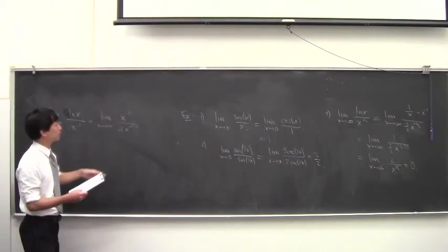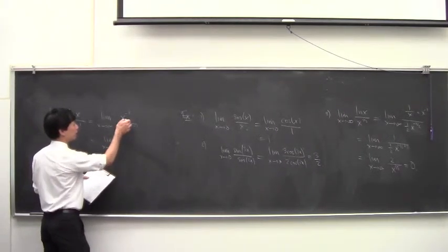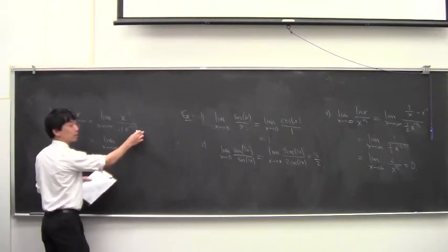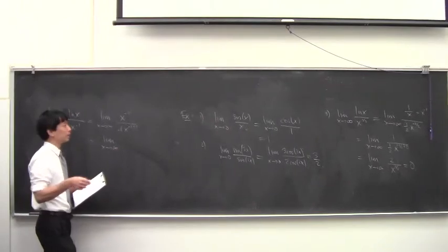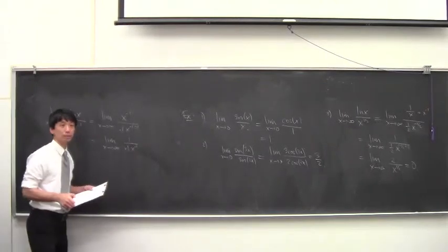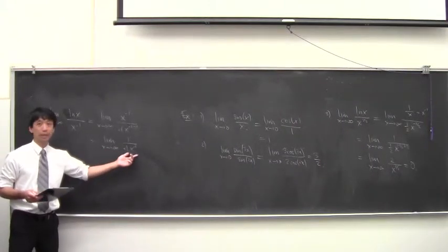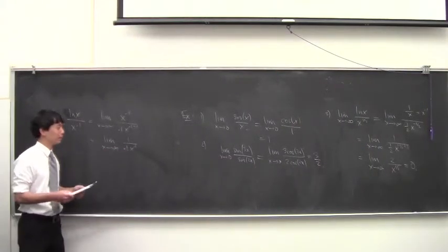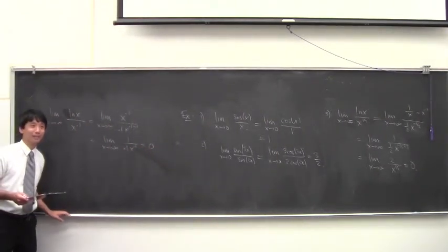What do I get in the end? The limit as x goes to infinity of, I cancel off the negative ones, and I end up with 1 over 0.1 x to the 0.1. So as x goes to infinity, what do we get? 0. Who sees what I'm going to say next?